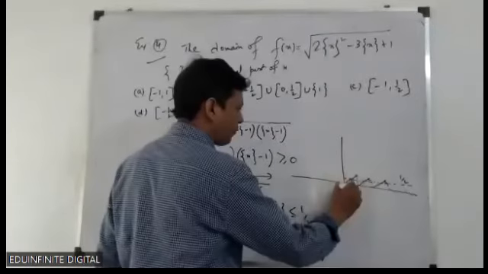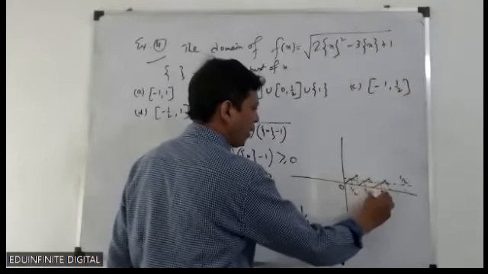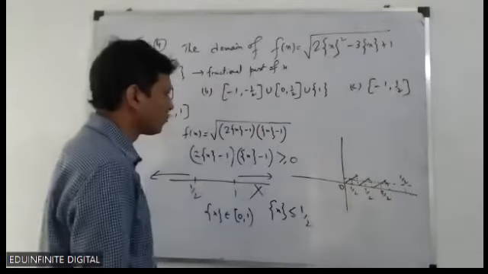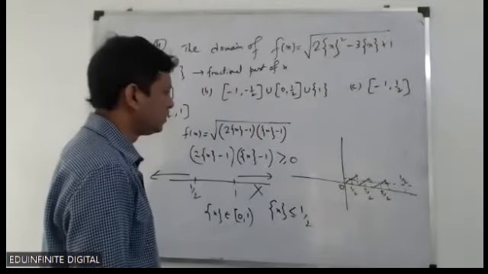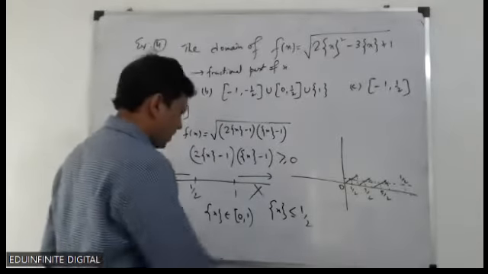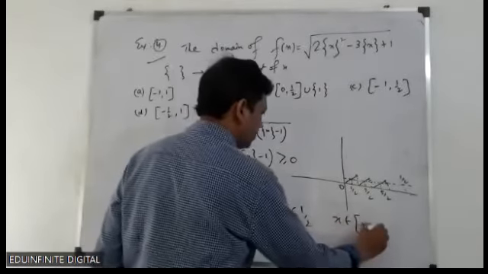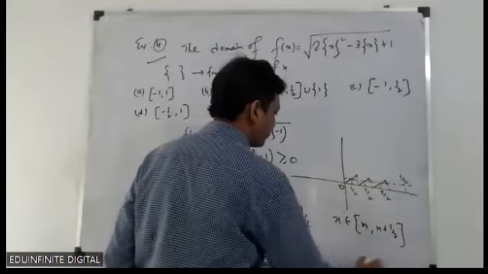This is your half, this is your 3 by 2, this is your 5 by 2. So basically x belongs to n comma n plus half.